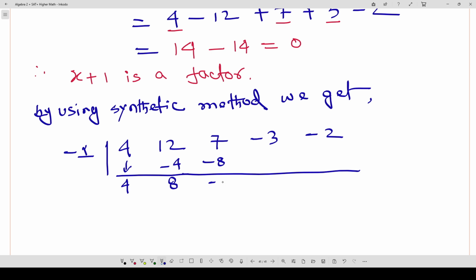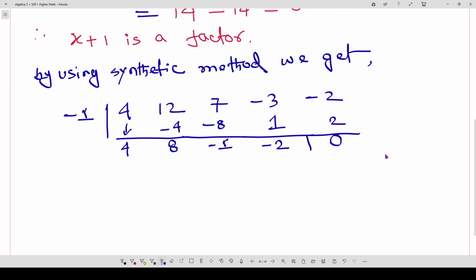So here will be minus 1. Minus 1 times minus 1, it's a 1. Minus 3 minus 1, it will be minus 2. Minus 1 times minus 2, it means only 2. So it becomes finally 0.